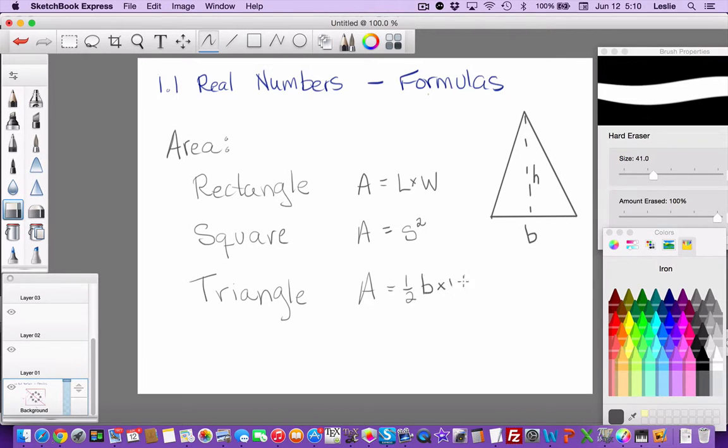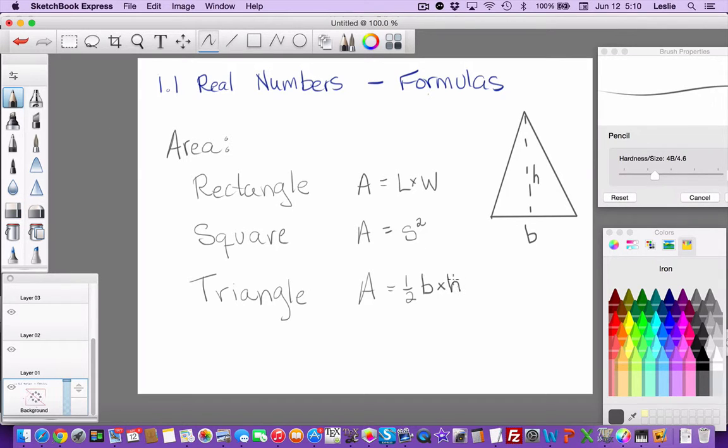So let's replace our W with an H. The formula for the area of a triangle is 1/2 times the base times the height. You might also see this formula written as base times height over 2.